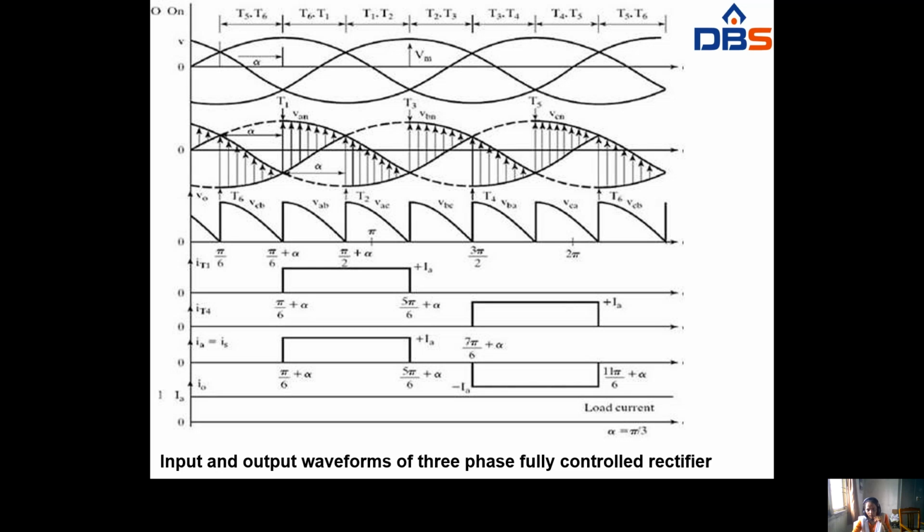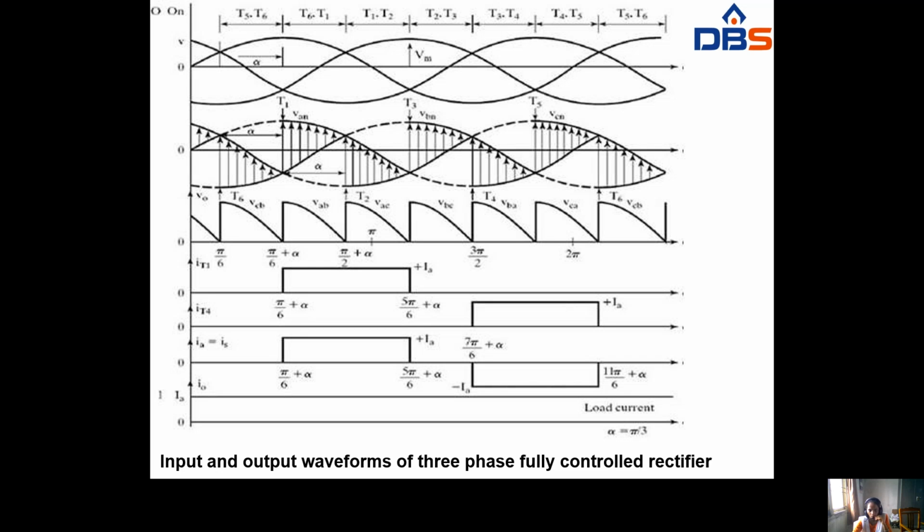Then T1 and T2 will conduct, T2 to T3, T3 to T4, T4 to T5 and T5 to T6. So before triggering a gate pulse, at starting T6 and T5 will be conducting.